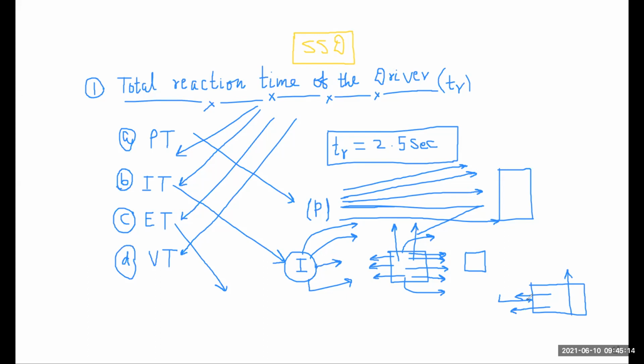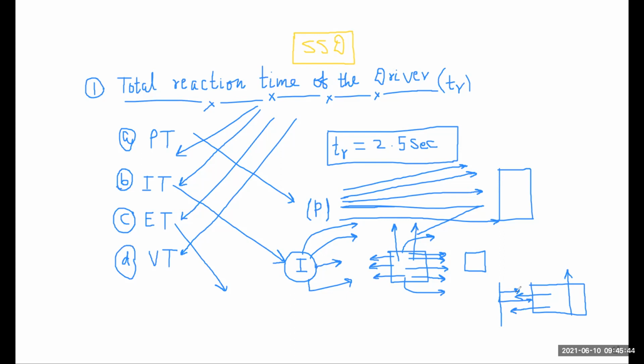But generally girls are afraid of dogs, so they get emotional or some mental disturbance occurs in their mind. This time is also elapsed by the driver, and it is included in our reaction time. This is known as emotion time. It varies from person to person, as in the example of boys and girls.